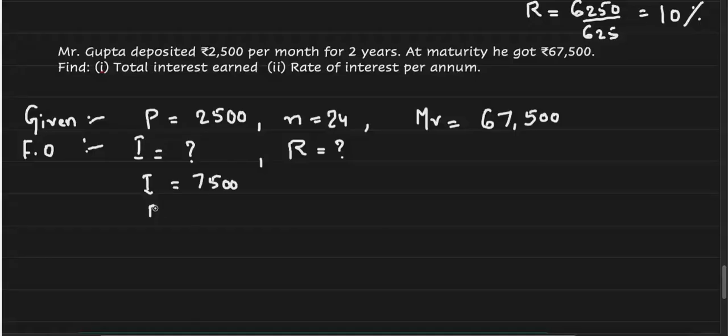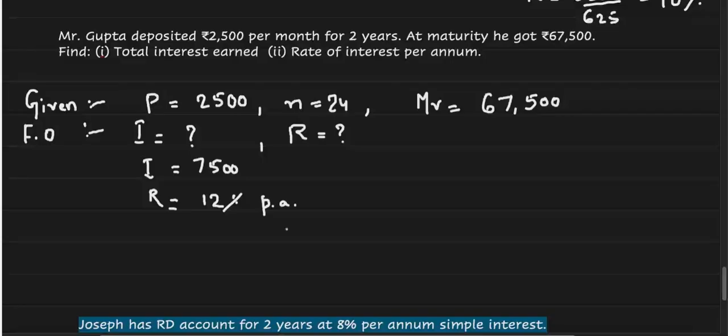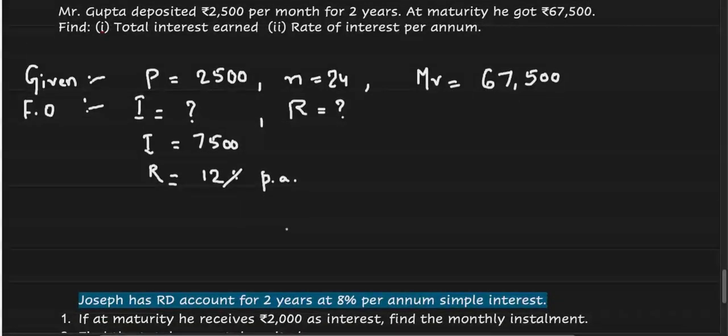Second one, what is the rate of interest? Rate of interest is 12% per annum. Whoever got the correct answers, congrats. Others, try to do it one more time.